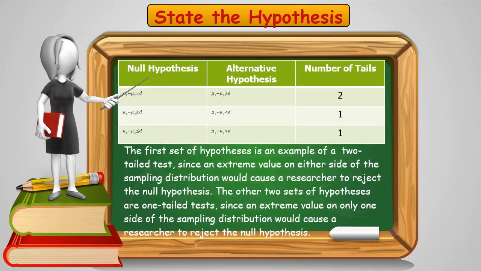So just like the prior example in the prior chapter, with a two-tailed test, because the extreme value can be on either side of the distribution, either extreme value would cause me to reject the null hypothesis. With one-tailed tests, the extreme value would have to be on one side of the distribution or the other for me to reject the null hypothesis.